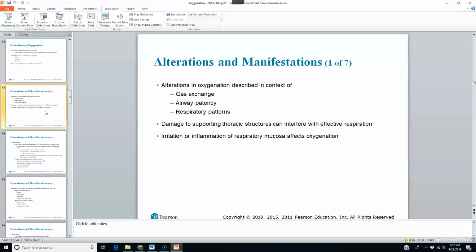So it might be that damage to some of these supporting structures could be from a patient's long-term COPD, causing that rib cage to be pushed out, thus causing damage to those supporting structures. And irritation or inflammation could be due to the patient developing bronchitis, or some type of respiratory infection like pneumonia. That definitely will interfere with oxygenation.